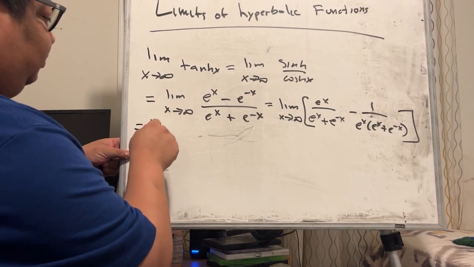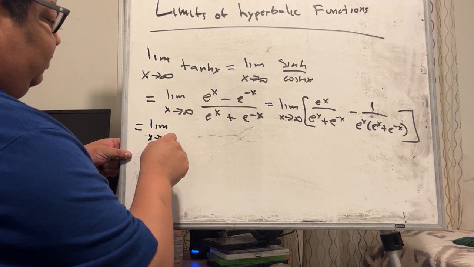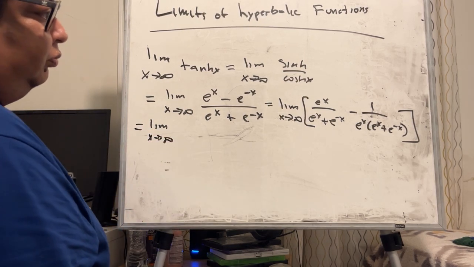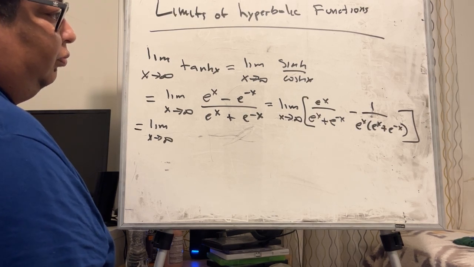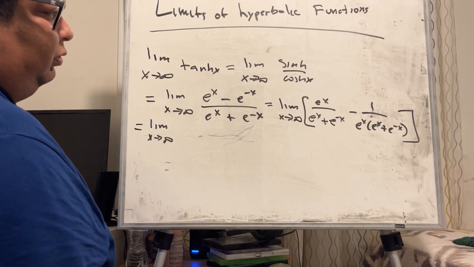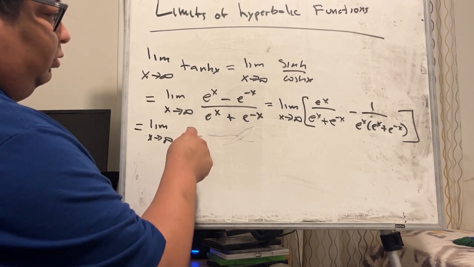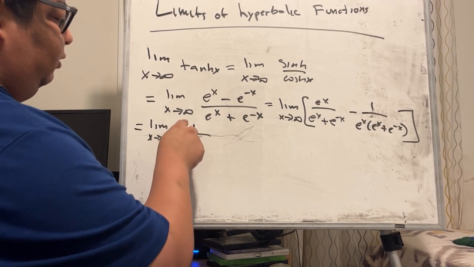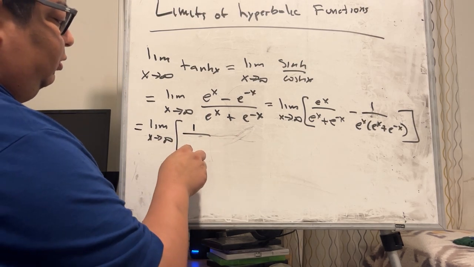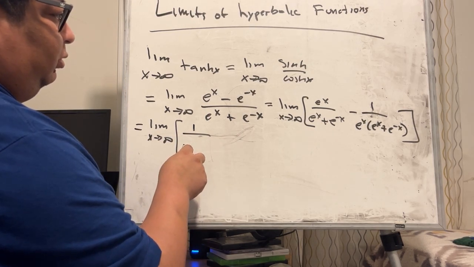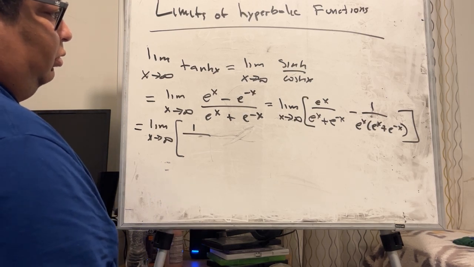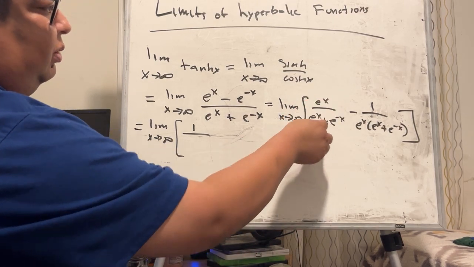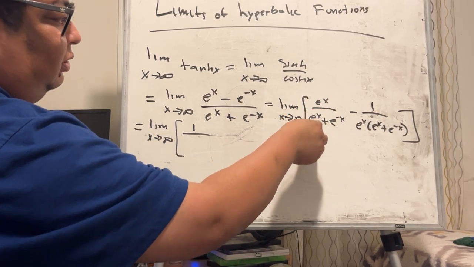Okay, so that becomes the limit as x approaches infinity of 1 over, so we're going to move this one to the bottom, so that e to the x becomes e to the minus x.